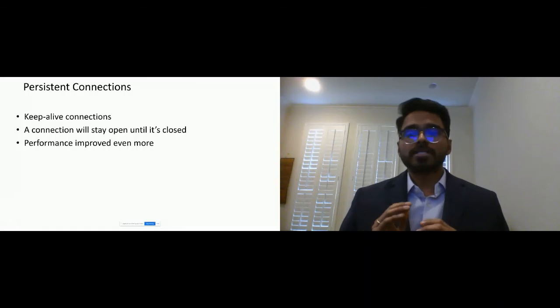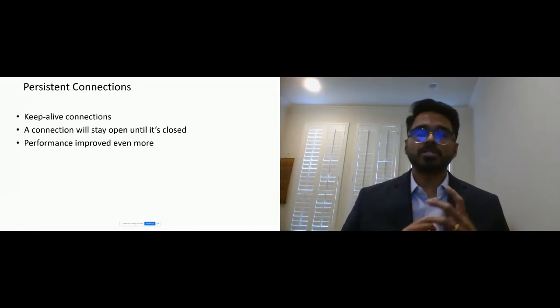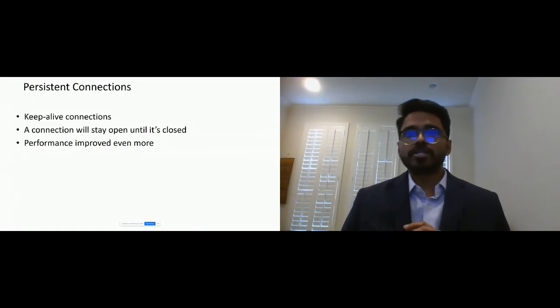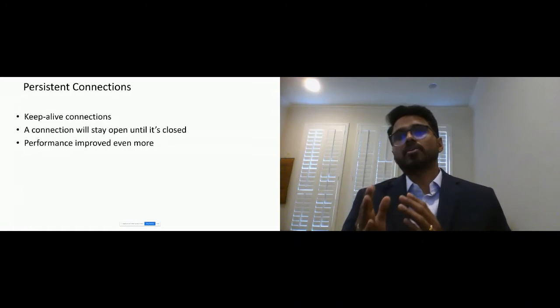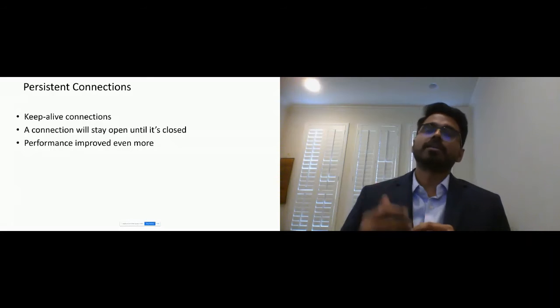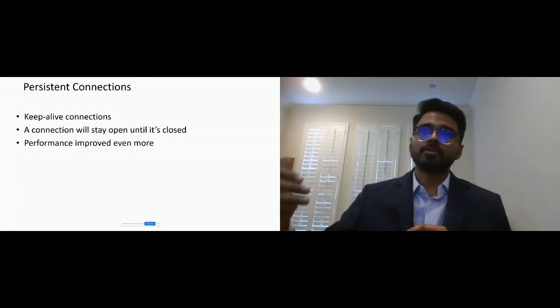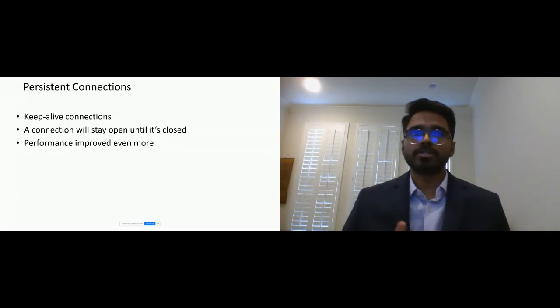Every time it establishes a connection, it makes a request. Once it gets the response, success or failure, it closes that connection. Whenever it wants to make a second request, it starts the same process again: open the connection, make the request, get the response, close the connection.